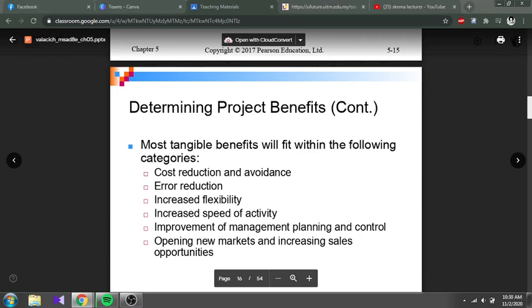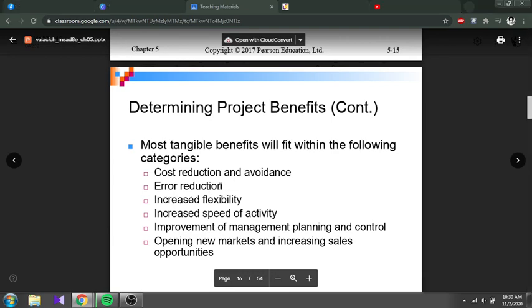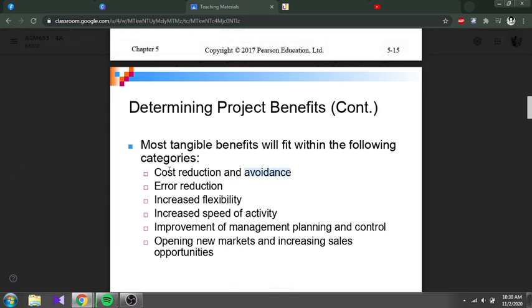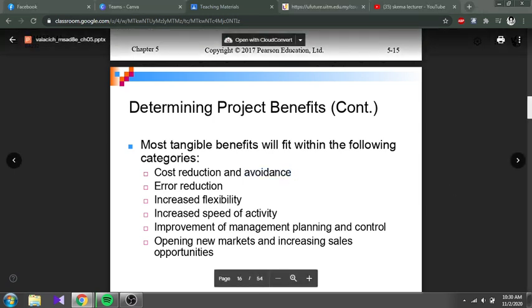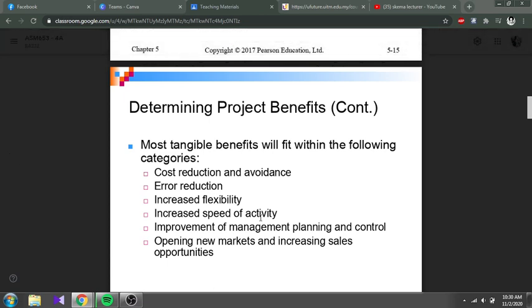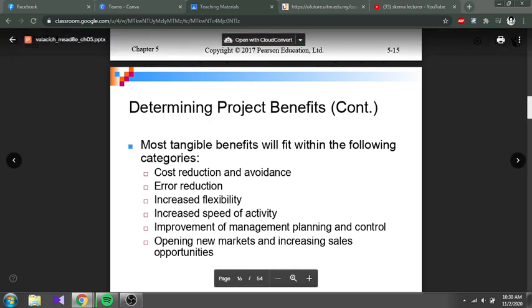Alright, most tangible benefits will fit within the following categories. Okay, it can be cost reduction, same as before, and avoidance, avoidance of maybe additional cost or budget to be spent, and error reduction. We got increased flexibility of your workers' time and so on, increased speed of activity, your processing time maybe, and improvement of management planning and control, as well as opening up new markets and increasing sales opportunities.